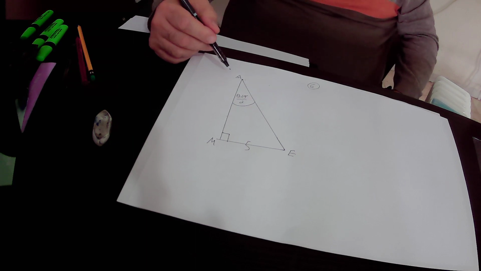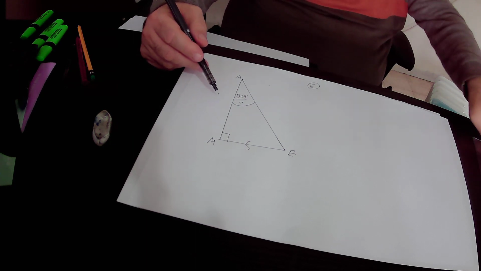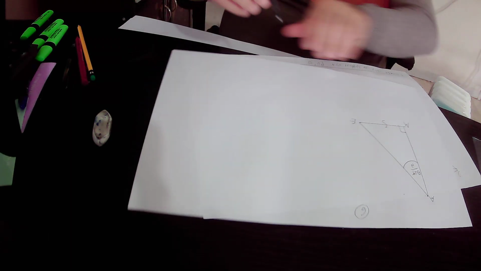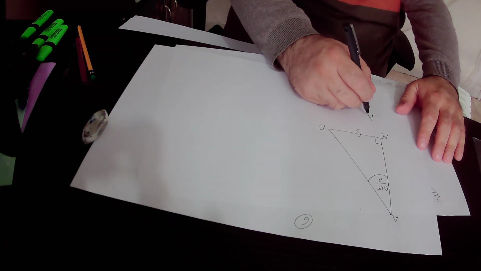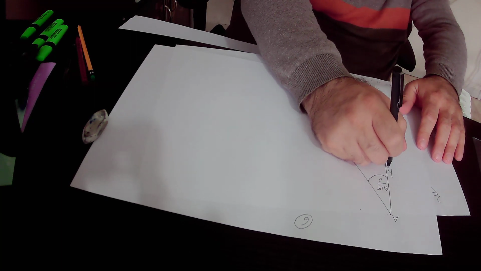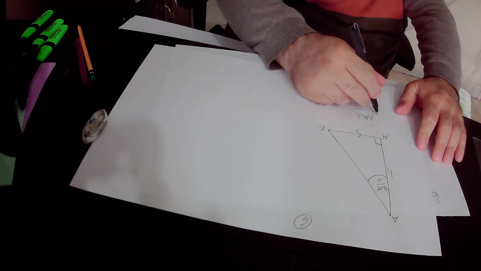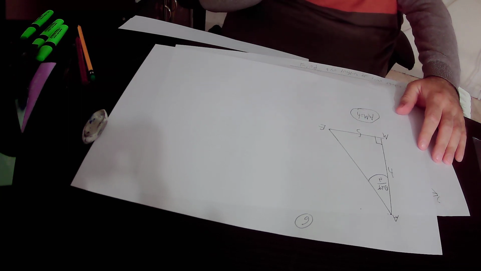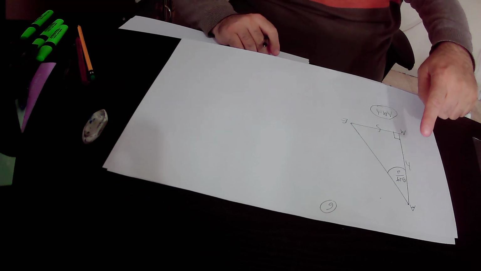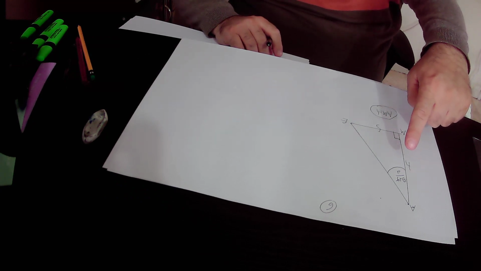We will define side AM as h, that is to say AM equals h according to our definition. So what is the value of tangent of theta plus alpha over 2?